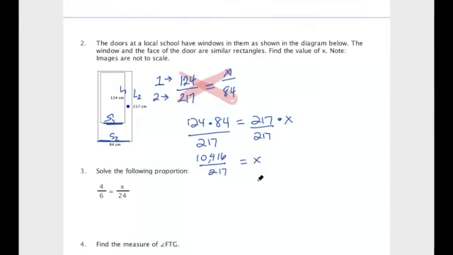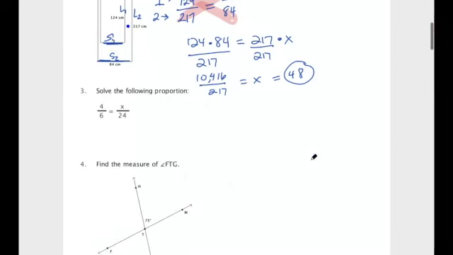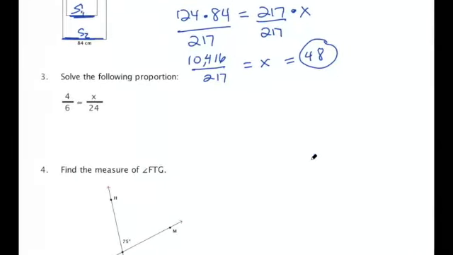So divided by 217, and I get 48. So x equals 48. And so that would be your answer. Be careful. Sometimes it asks for units, and so if you put in 48 and it yells at you, it's probably asking for units.